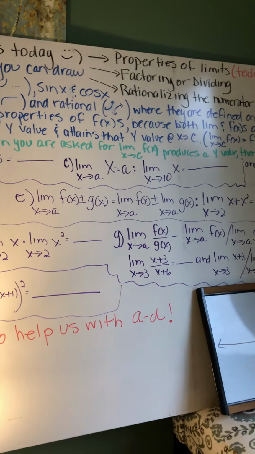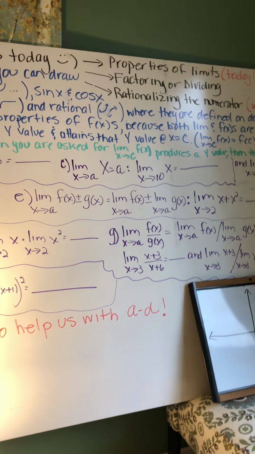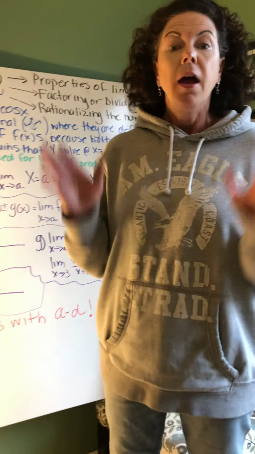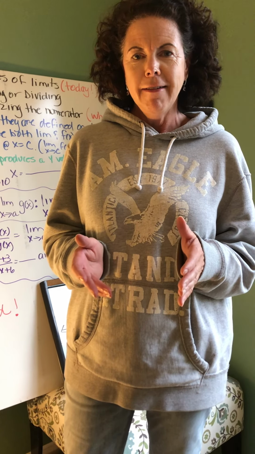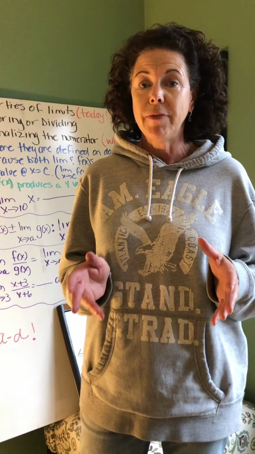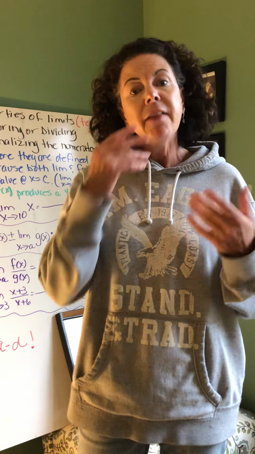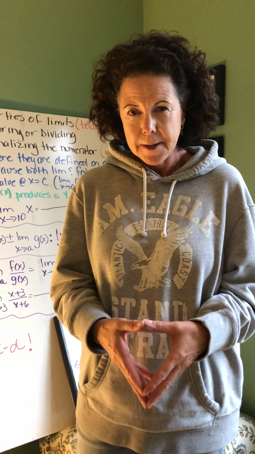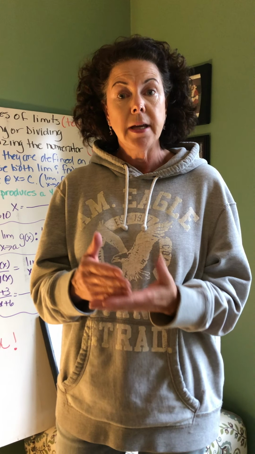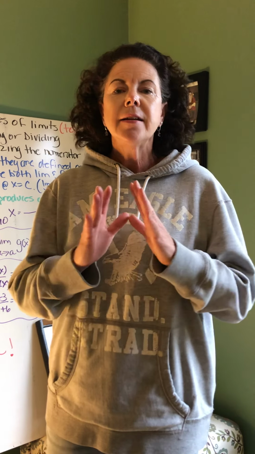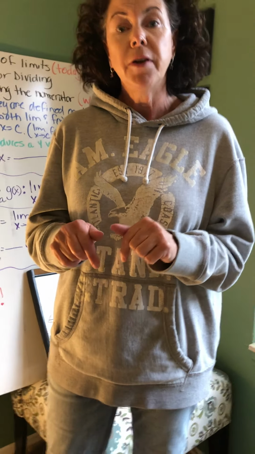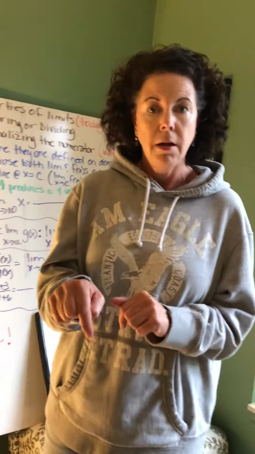The first thing I want to tell you, I'm just going to step in front of the camera here, is when we did section 1.2, we were looking at limits numerically by using charts of numbers, and we were looking at limits graphically by looking at graphs. And the point I was trying to make is that when you are evaluating a limit as x approaches a certain c, it is totally a separate issue from what the value of that function is right at that c.